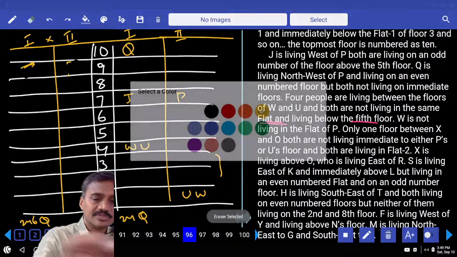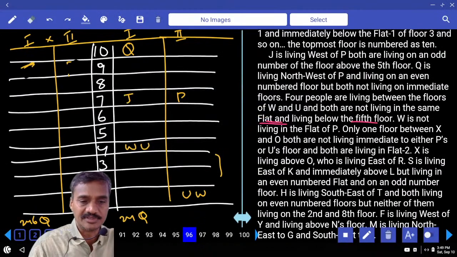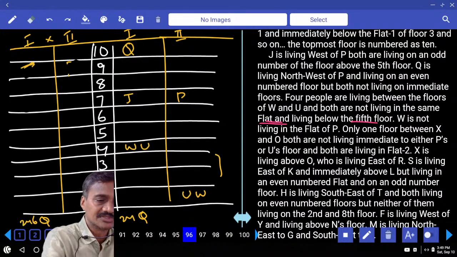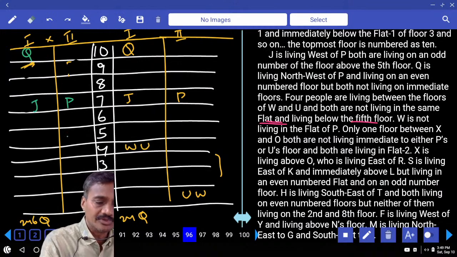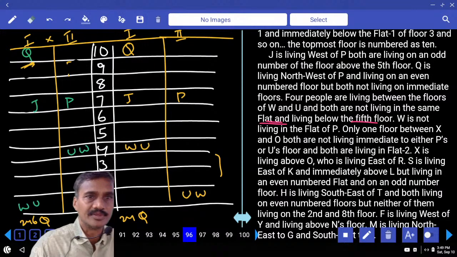In the next possibility, J and P are like this, and then Q is here. Now if Q is here, then next are U and W. U and W are below the 5th floor, and if U is here, W is here, or if U and W are together.